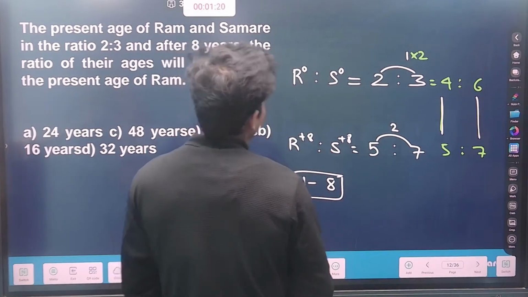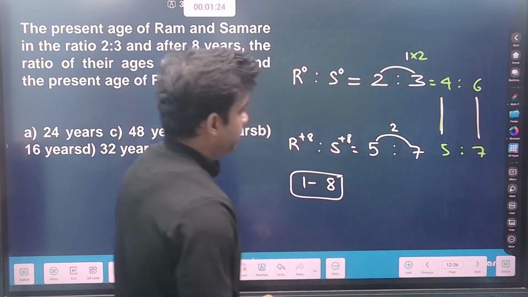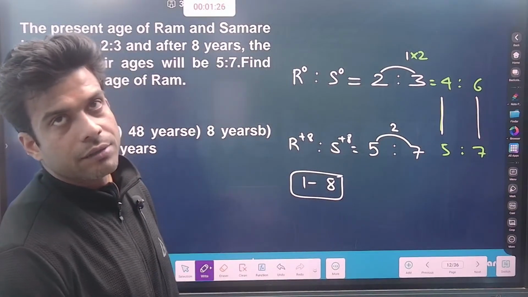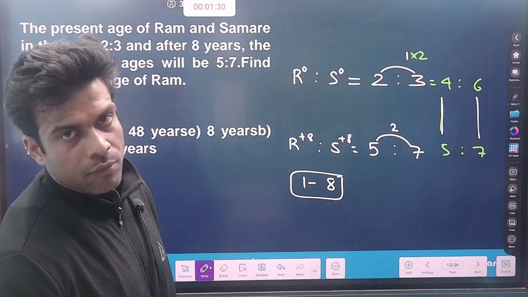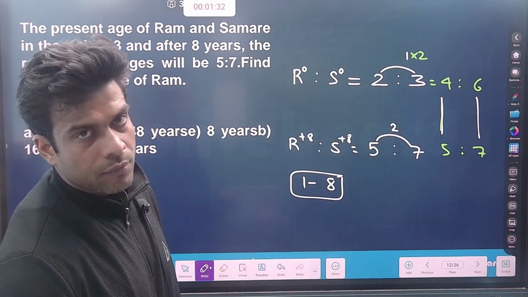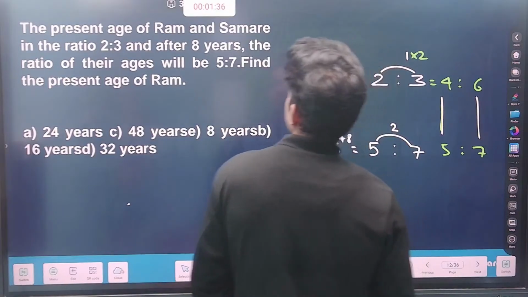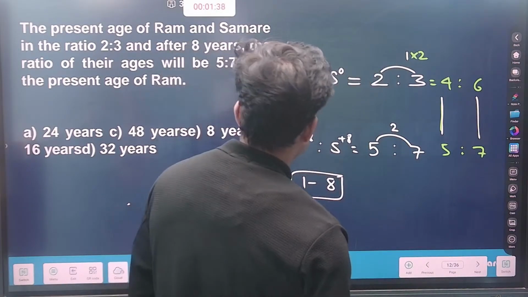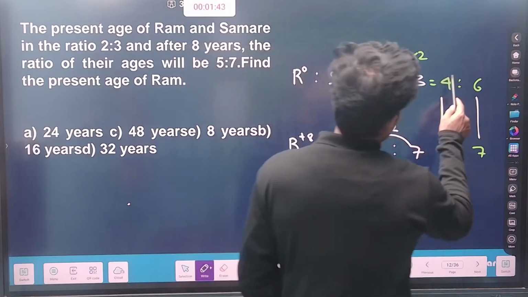Find the present age of Ram. What is the present age of Ram? If 1 is equal to 8, what is the present age of Ram? Come on. The present age ratio is what? Ram's present age is 4.